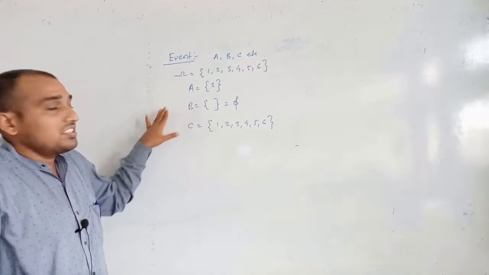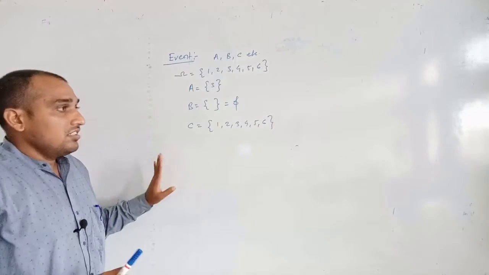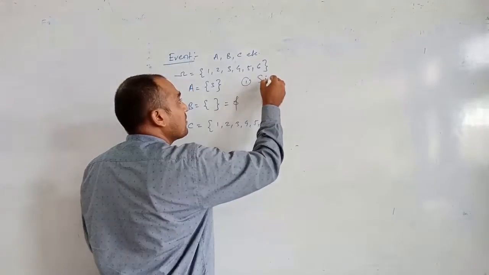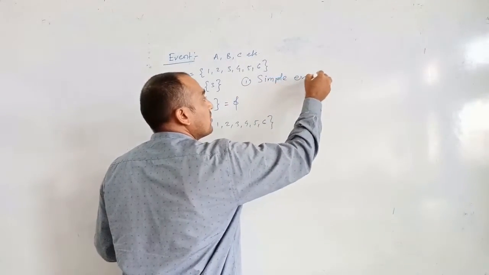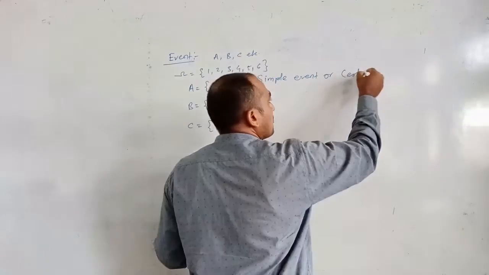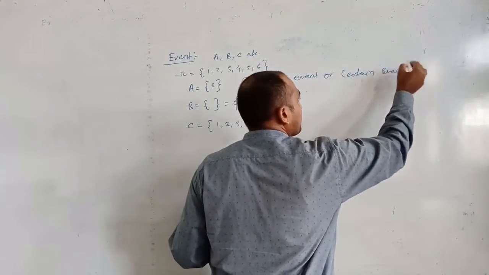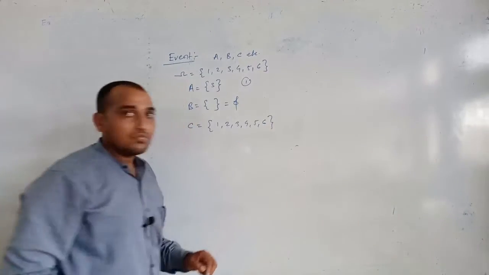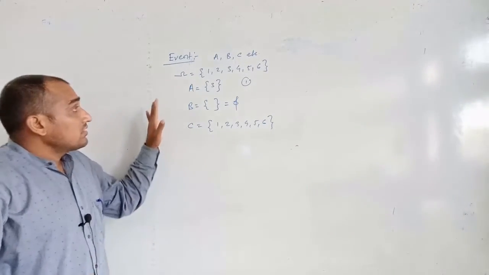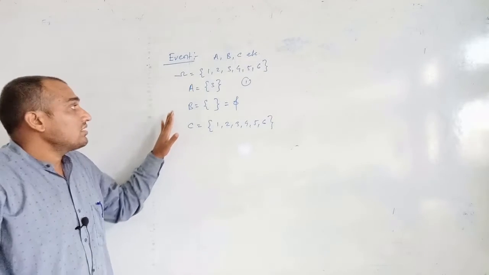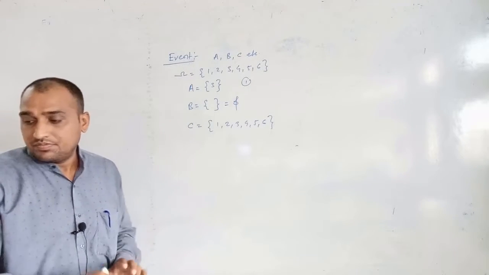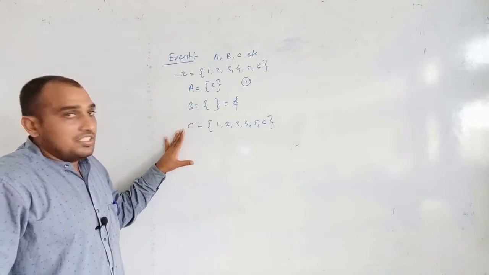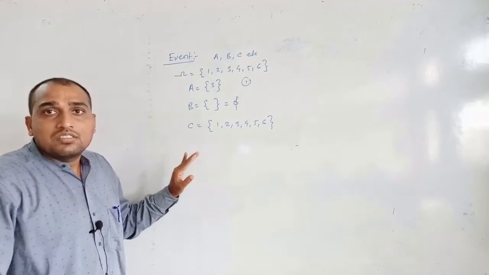According to the number of elements in the set or event, the event has some types.